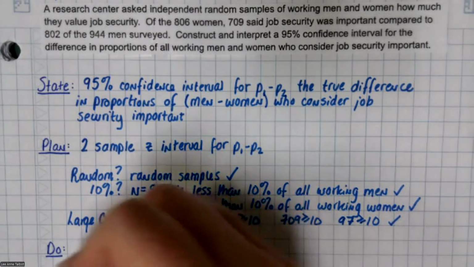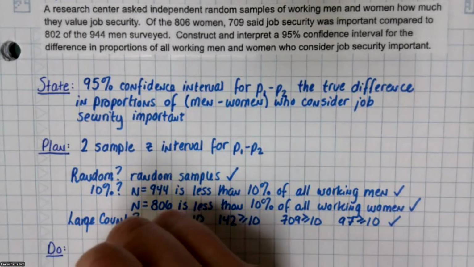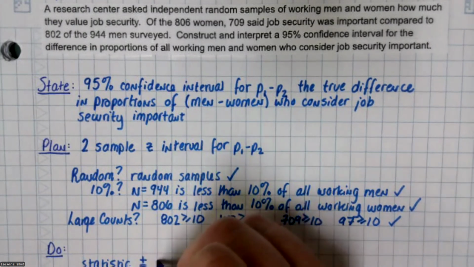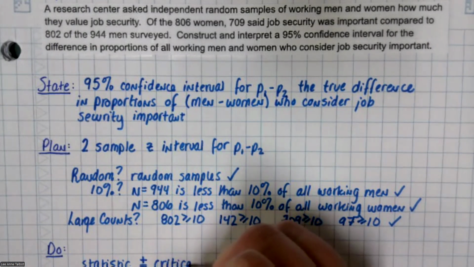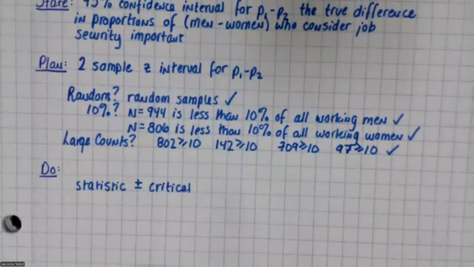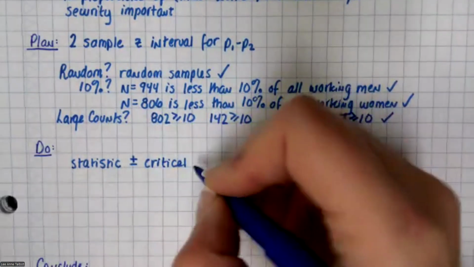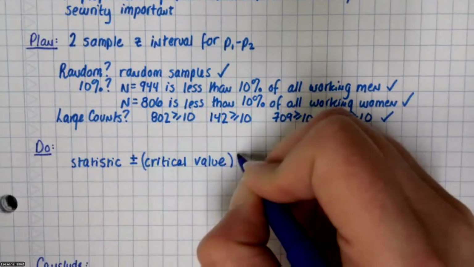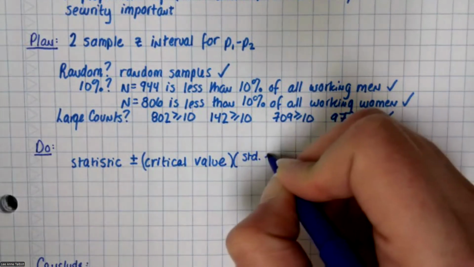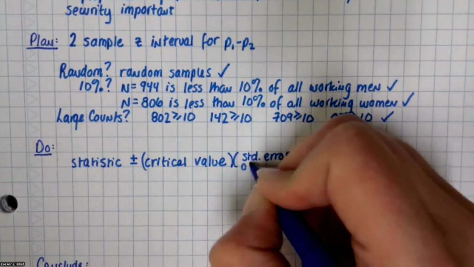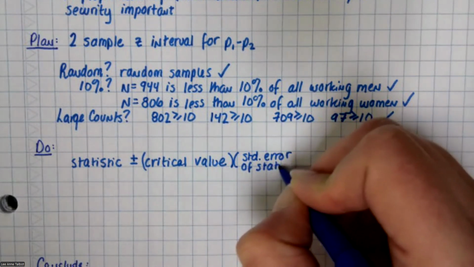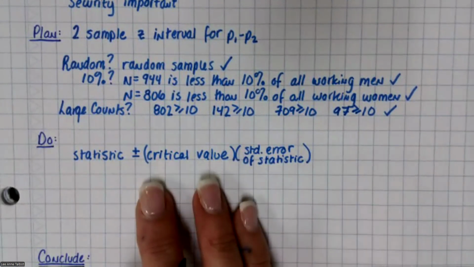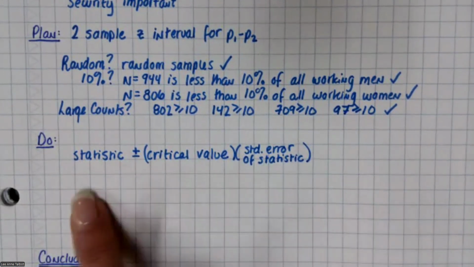Okay, so we have statistic plus or minus. On the AP exam and my test, you do not need to write this formula out.